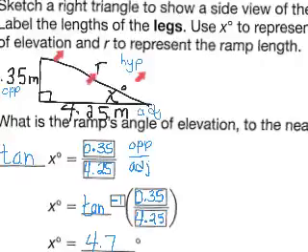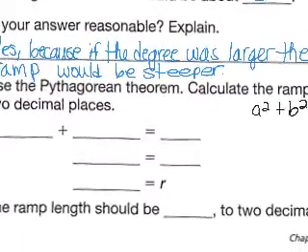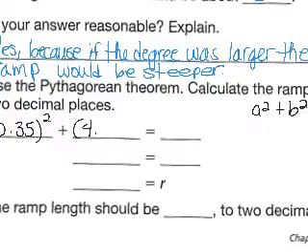So that's the part we're trying to solve, the r. And this could be a squared and this could be b squared. So we're going to fill in 0.35 squared plus 4.25 squared equals, and we're going to just call this r squared, not c squared, r squared.